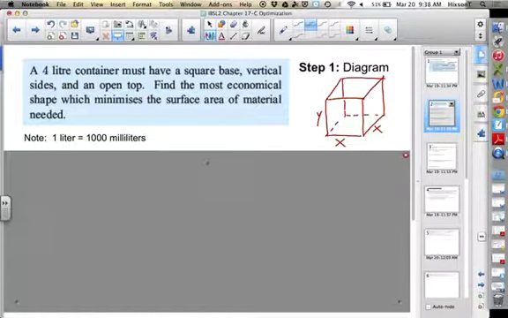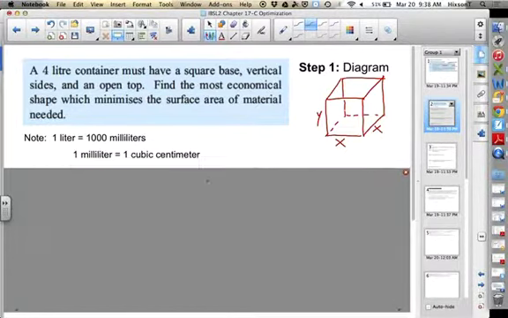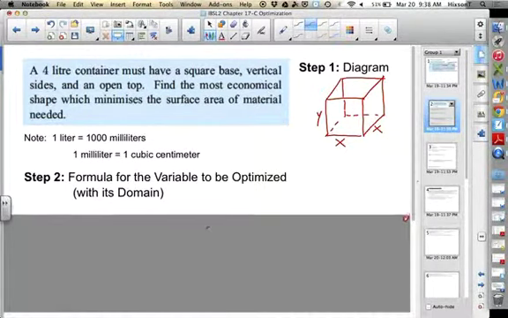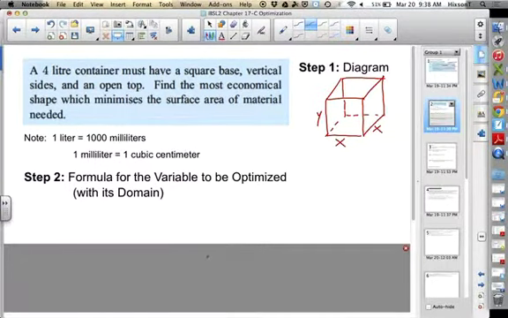Now, that was all just step one. Step two, we need to find an equation or a formula for the variable to be optimized. What variable are we trying to optimize here? Our surface area. Now, question, how do I find the surface area of the box?